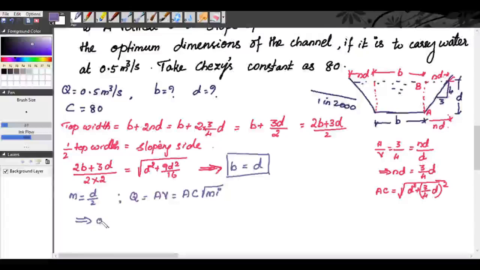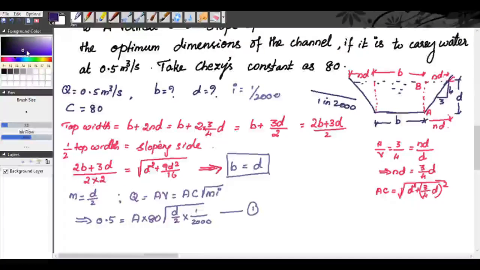So Q is given as 0.5 is equal to area multiplied by C, which is given as 80, square root of m, which is d by 2, right? m is d by 2, into i, which is given as 1 in 2000, 1 by 2000. Okay, we will take this as equation number 1.